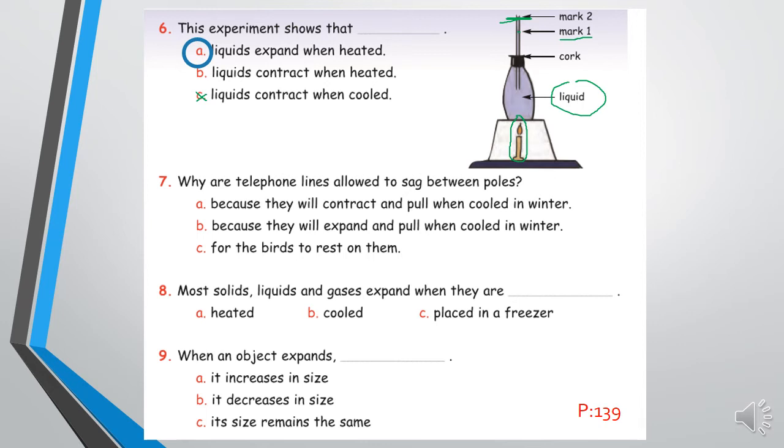So, what happens in winter? They contract or they expand? They are pulled down. Because in winter they will contract and decrease in size, part A is the correct answer.